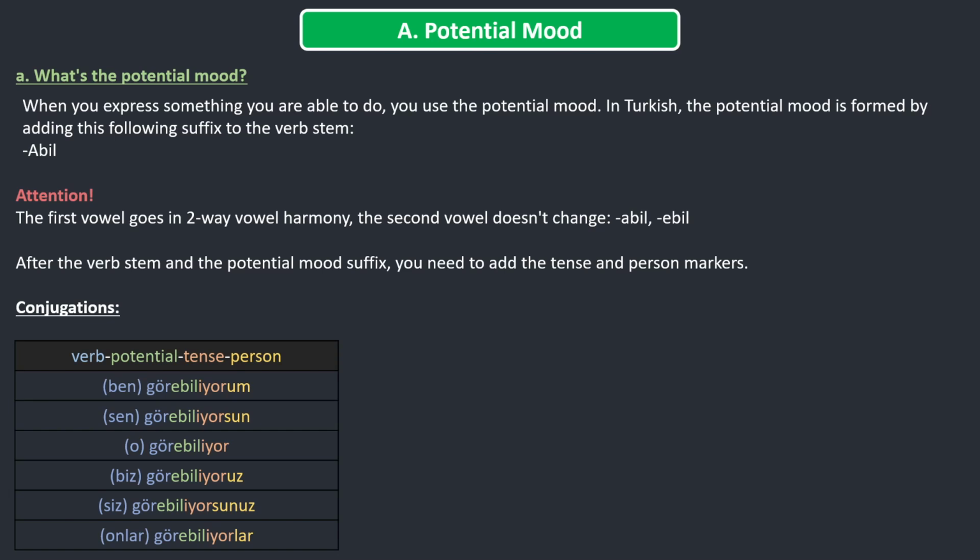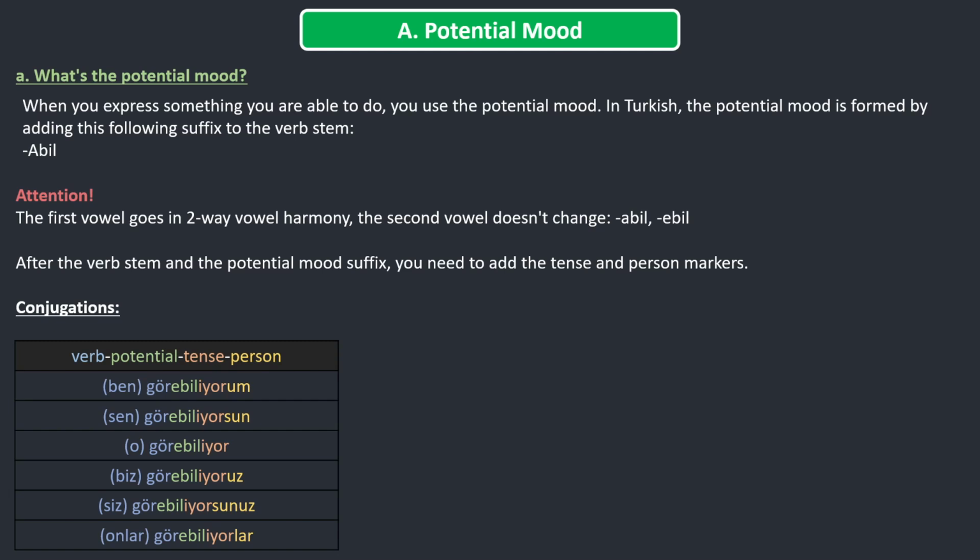We can see it. Siz görebiliyorsunuz. You guys, or when you need to show respect, like saying sir or madam. Onlar görebiliyorlar. They can see it. So that's the basic rule, the basic principle of using this potential suffix.